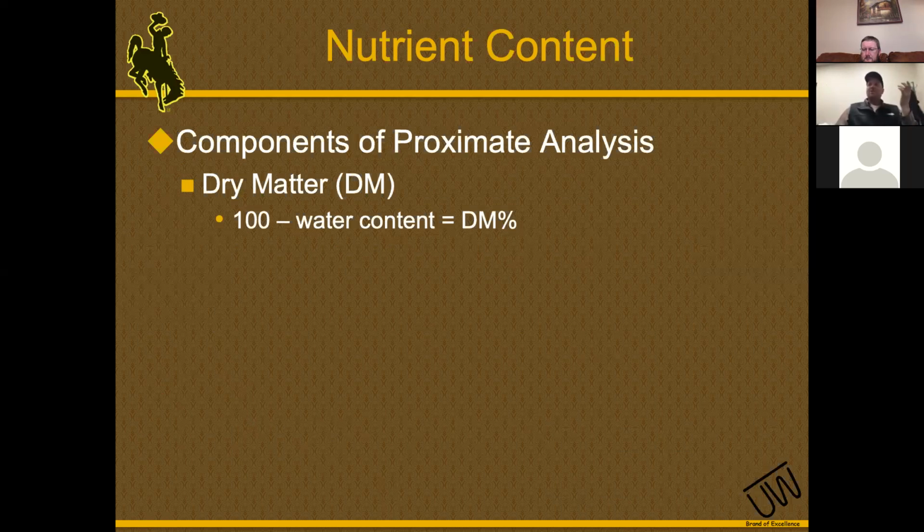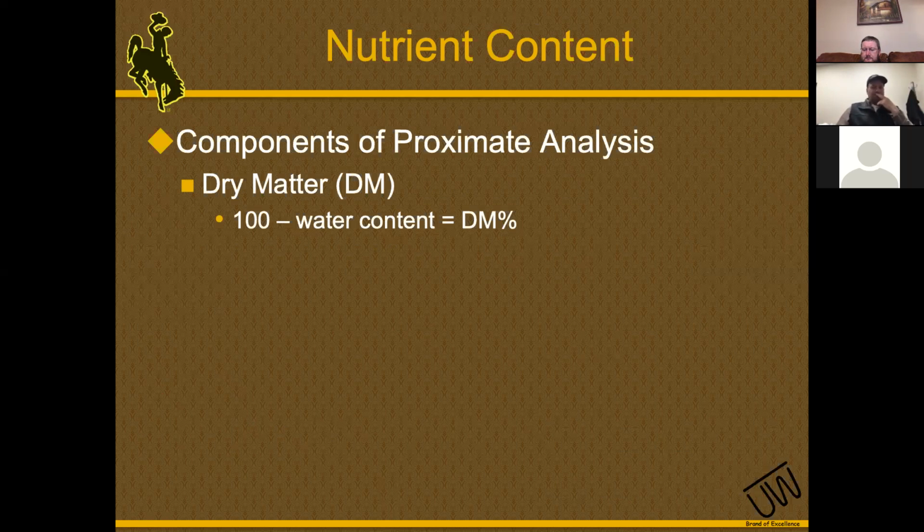Now this seems very simple and almost irrelevant, but this is extremely important. If I need to know what percentage of the diet or how many pounds of energy I'm trying to feed an animal, the wetter the feed is, the more important this is. Corn silage, for instance, is going to be 65% moisture.